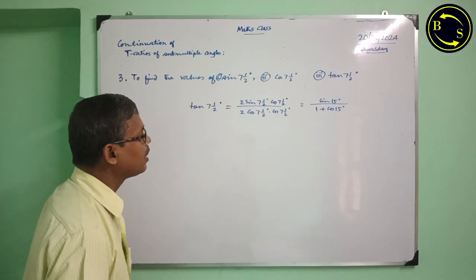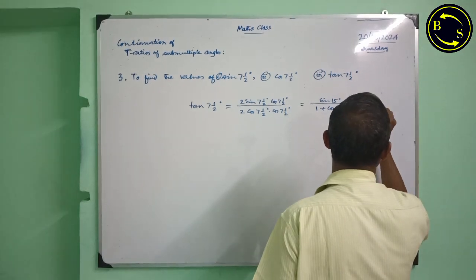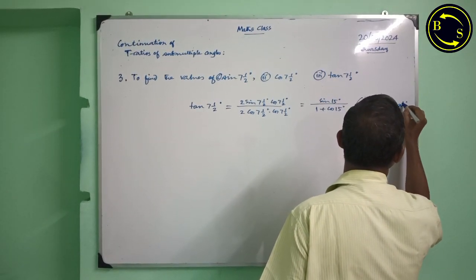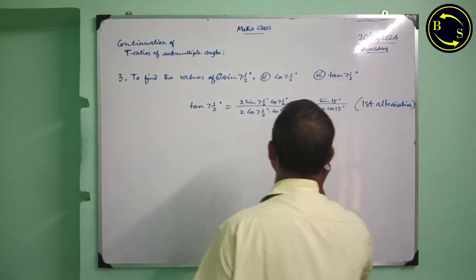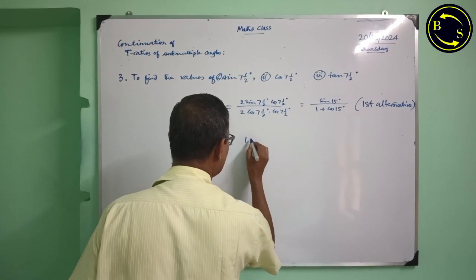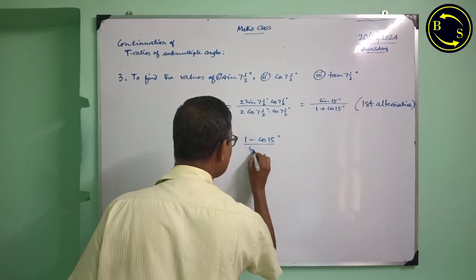Also there is another, first alternative: this will be 1 minus cos 15 degree by sin 15 degree.